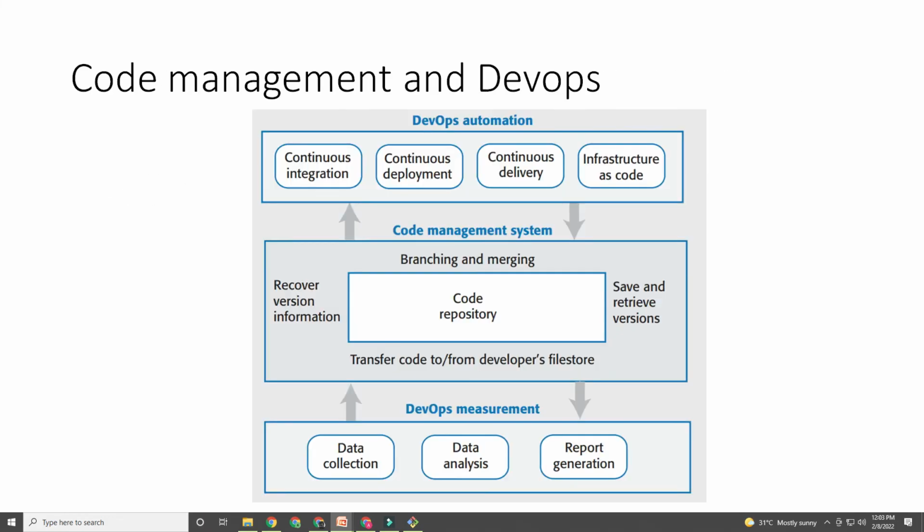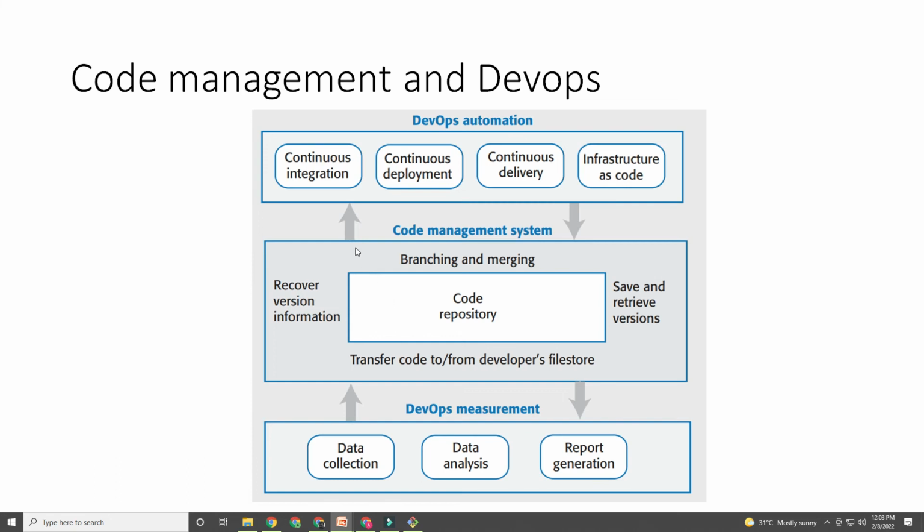So this is code management and DevOps. This code management system, let's say Git, does all the versioning details, retrieves the previous versions, and transfers the code from the developers. Branching and merging are also possible, as we have done.